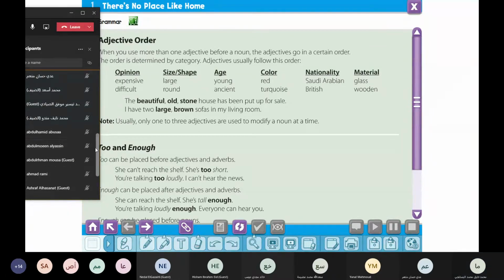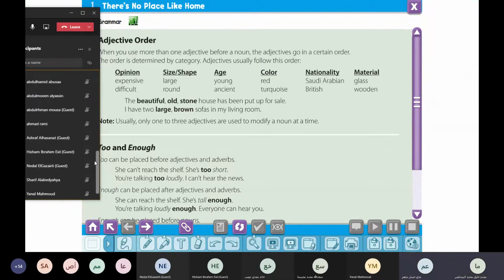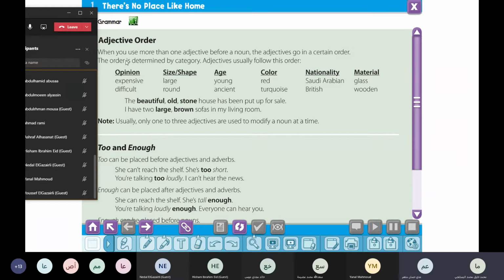Uday? Yes, teacher. Read the example here. The beautiful old stone house has been put up for sale. Good. The beautiful old stone house has been put up for sale.